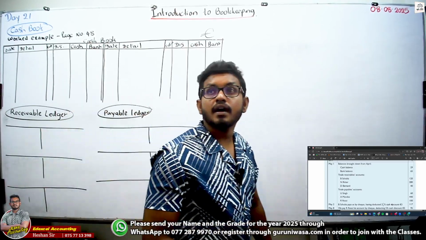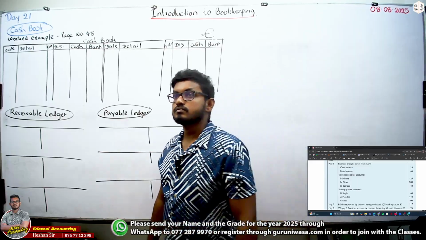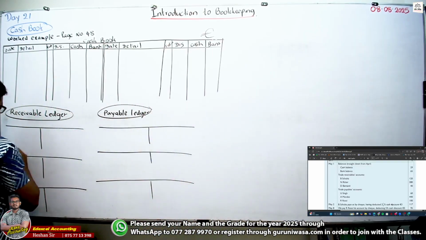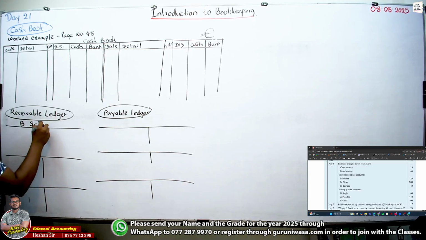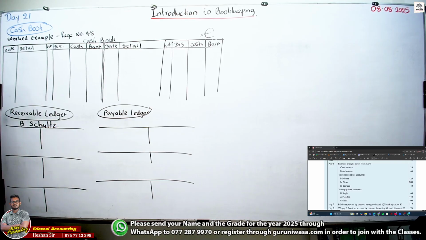So who are the three parties under receivable? B, Coults, D Bernard.